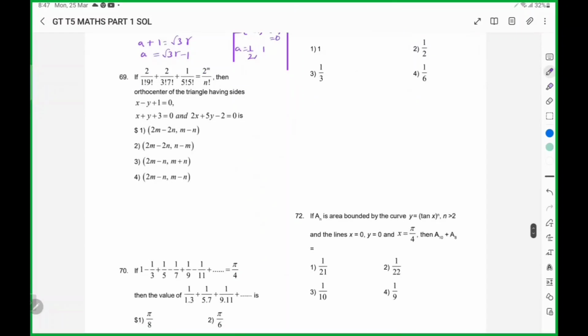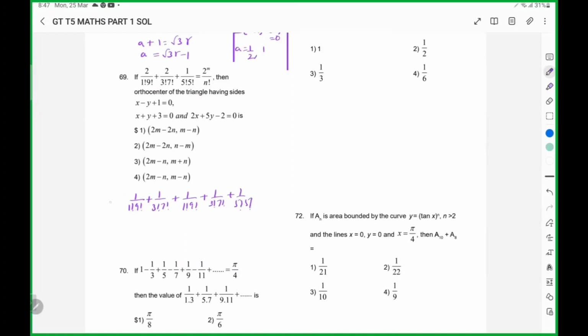In this problem, it is 1 by 1 factorial, 9 factorial, 1 by 3 factorial, 7 factorial. Here 1 by 3 factorial, 7 factorial.